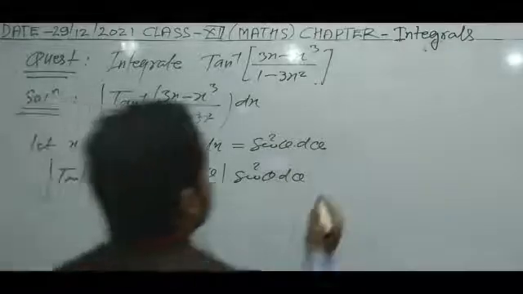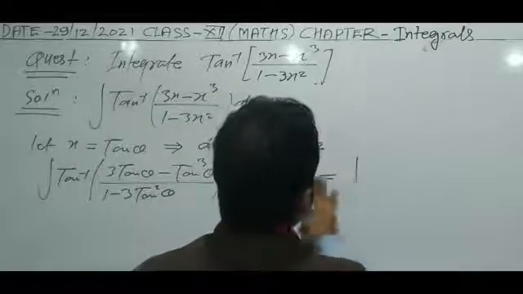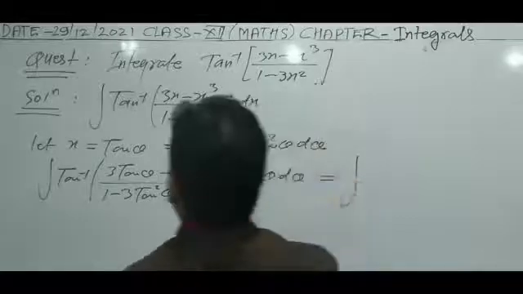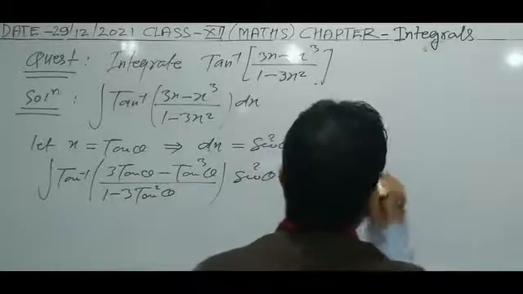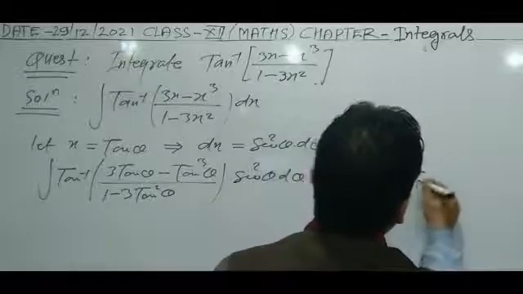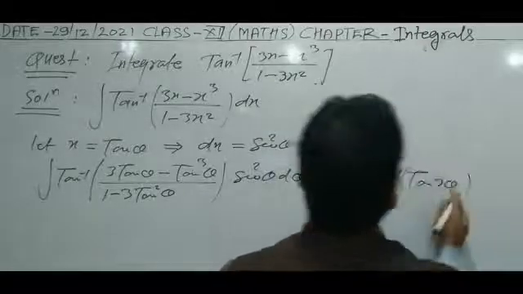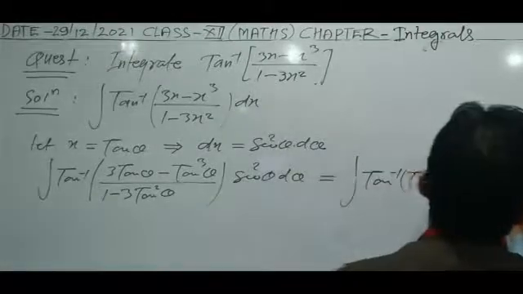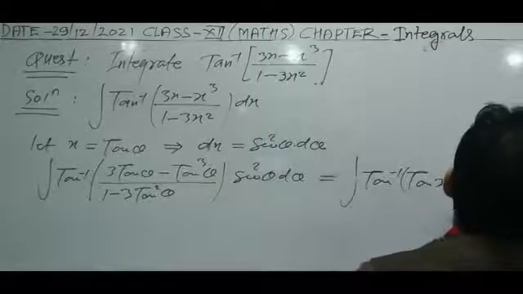Now this result we can write integration over tan inverse, this result is tan 3 theta with sec square theta d theta.